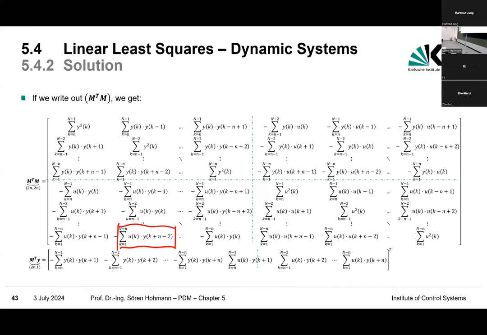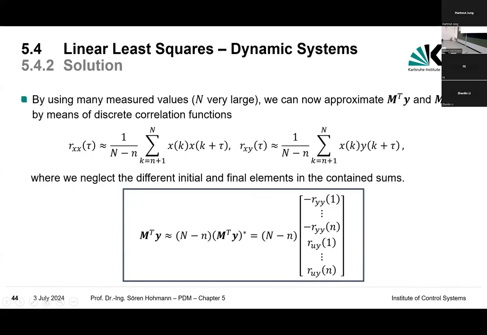So that's what we see here. The matrix M represents cross correlation coefficients, which you find over here and here, and autocorrelation coefficients of u over here and there. The interesting fact is the same is true for M transpose times y.